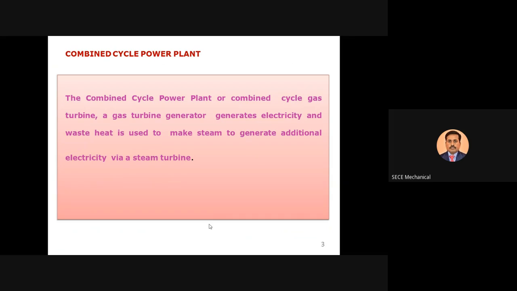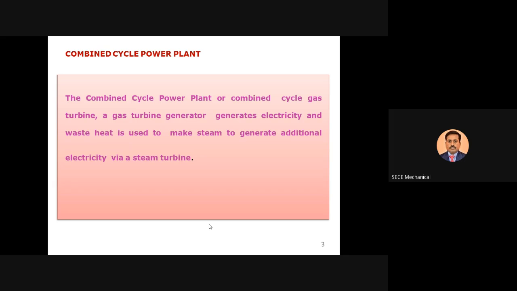A combined cycle power plant is also called a combined cycle gas turbine, or combined cycle turbine. A gas turbine which is used to generate electricity, we normally call a gas turbine power plant.